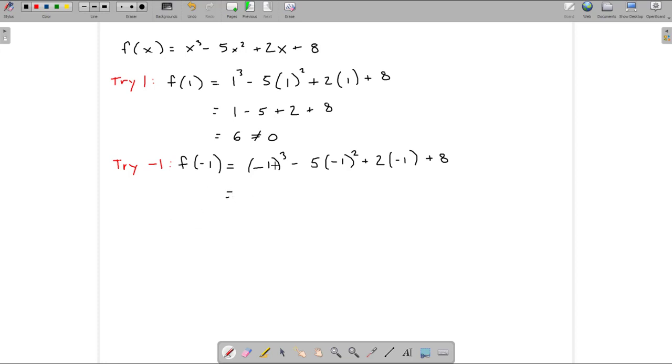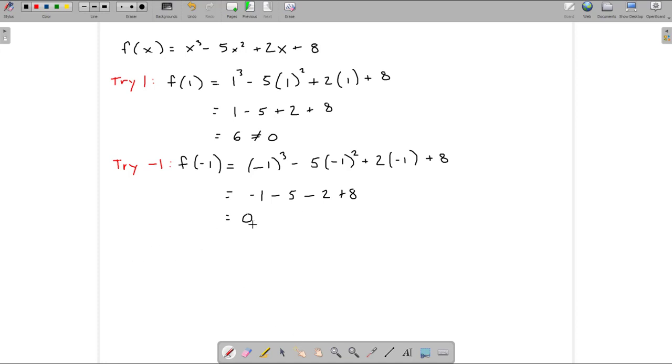And so simplifying that, negative 1 cubed is negative 1, minus 5 times negative 1 squared, that's still minus 5 because negative 1 squared is positive 1. And then I need minus 2 plus 8. Okay, negative 1 minus 5, negative 6. Negative 6 minus 2, negative 8. Negative 8 plus 8 is in fact 0. So we found one.